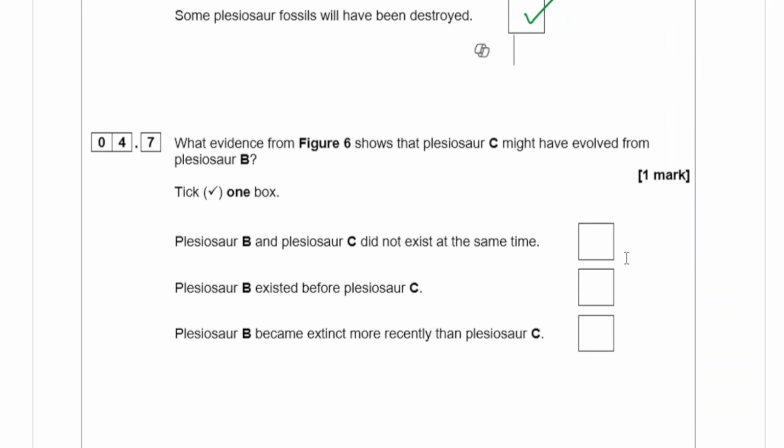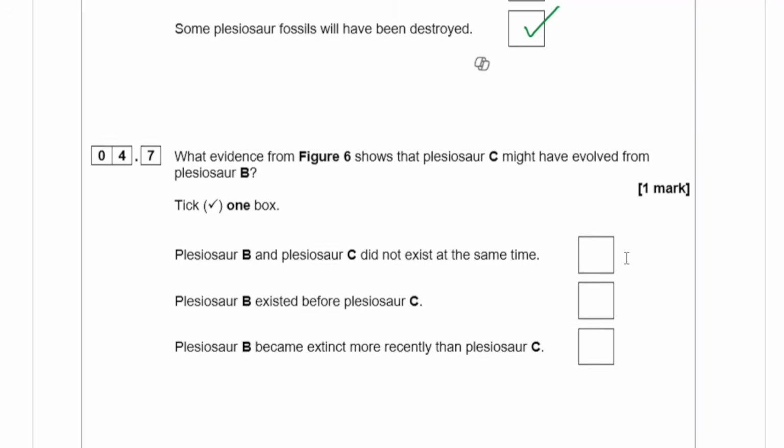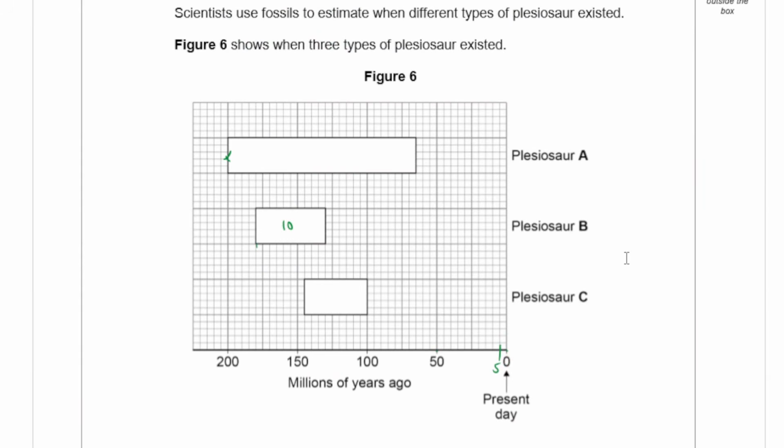What evidence from Figure 6 shows that Paleosaur C might have evolved from Paleosaur B? Let's have a look at it again.